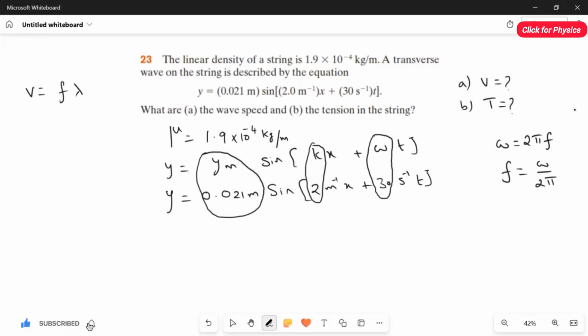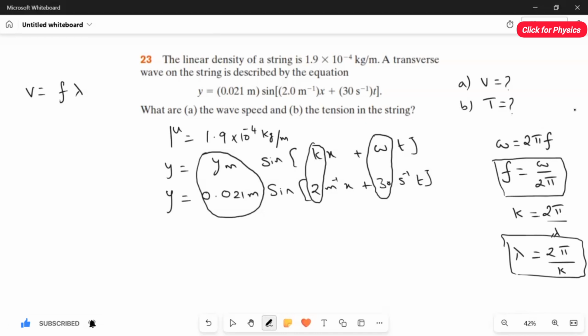And the angular wave number k = 2 pi over lambda, so rearranging, lambda = 2 pi over k. Now I'm going to substitute f and lambda here, and we will get the speed.